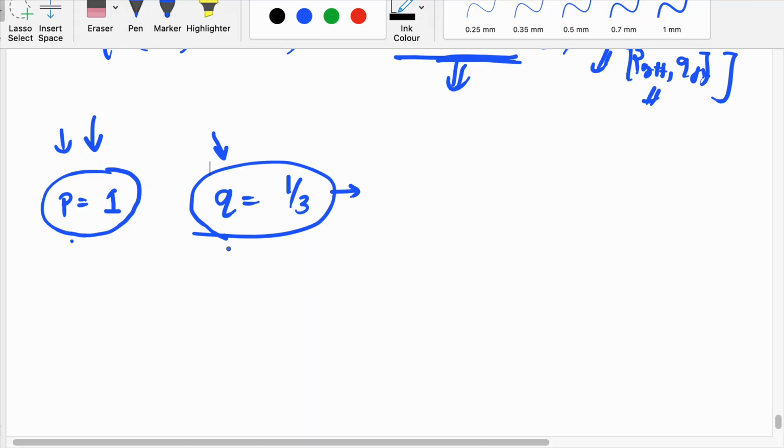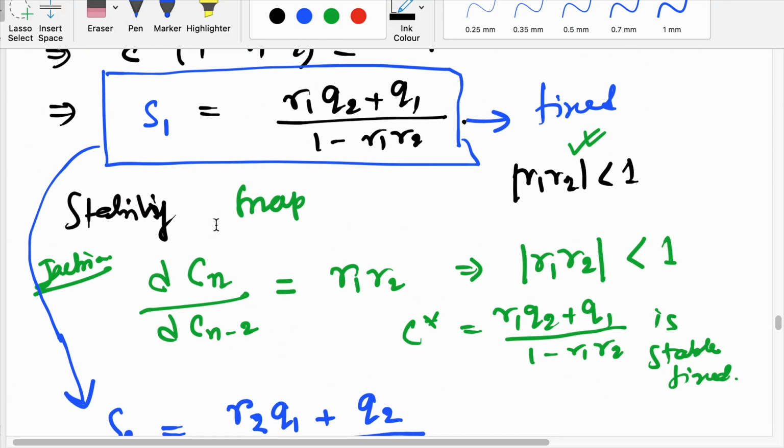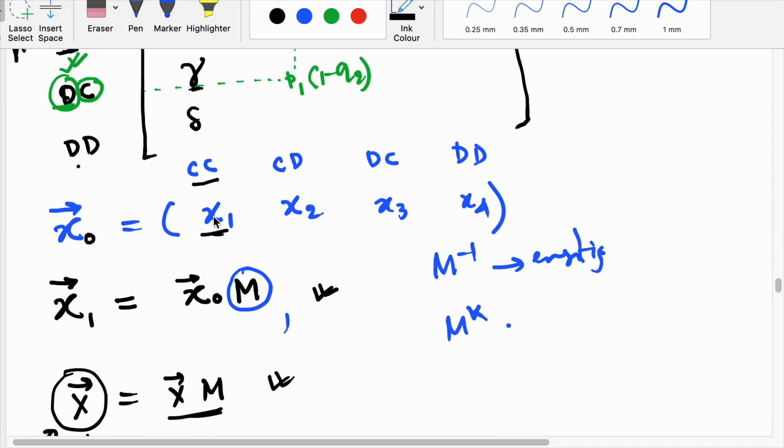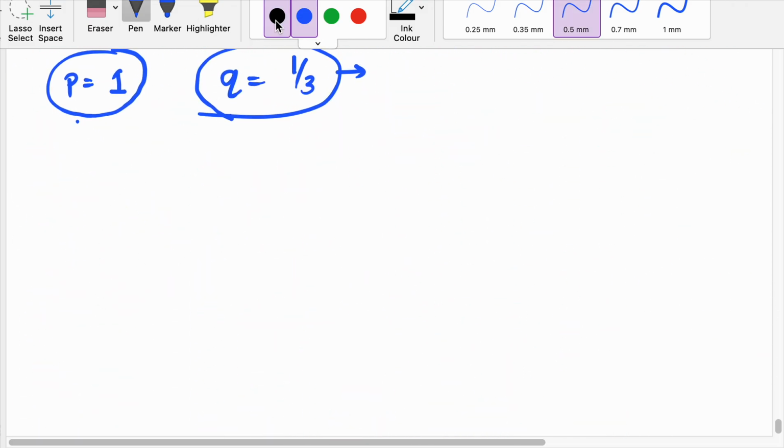Now why this number 1/3? Let me calculate it. It has to be an ESS. Suppose p equal to 1, q equal to 1/3, this is my ESS.